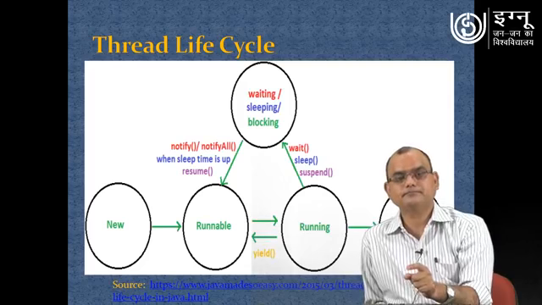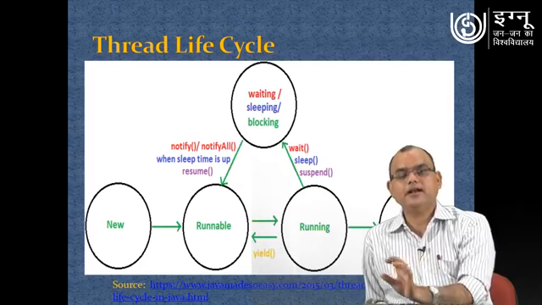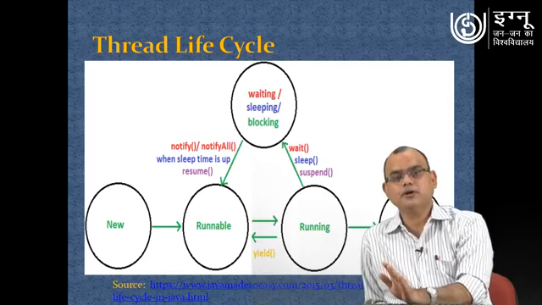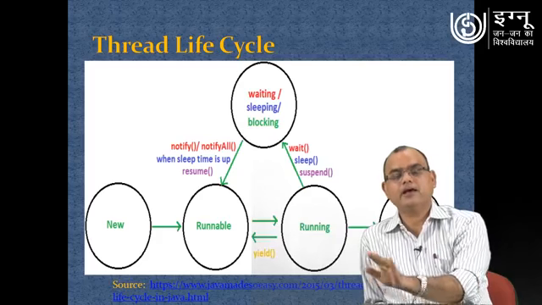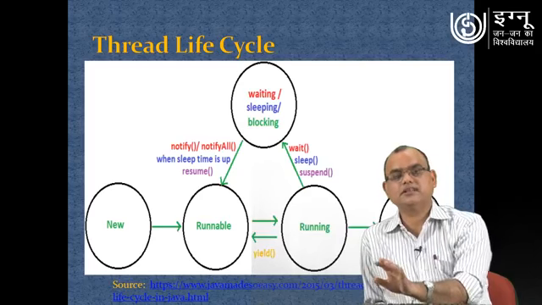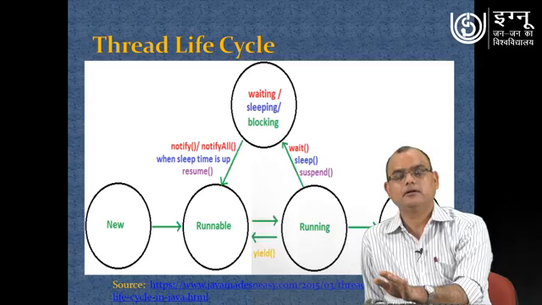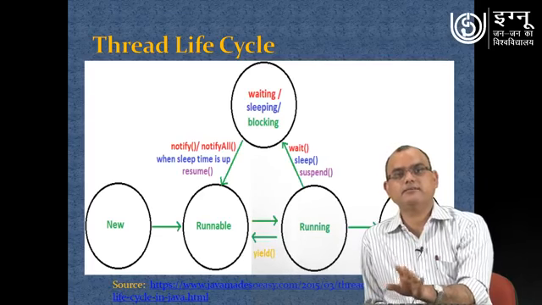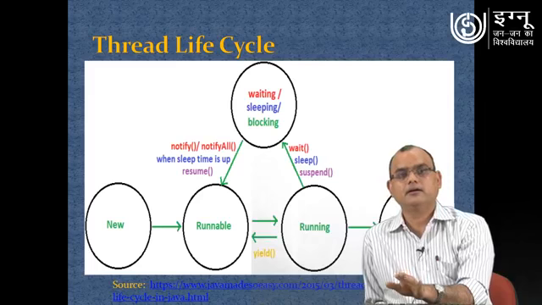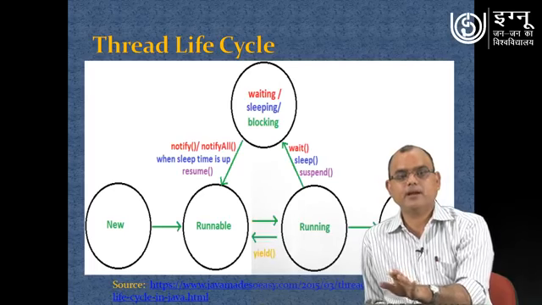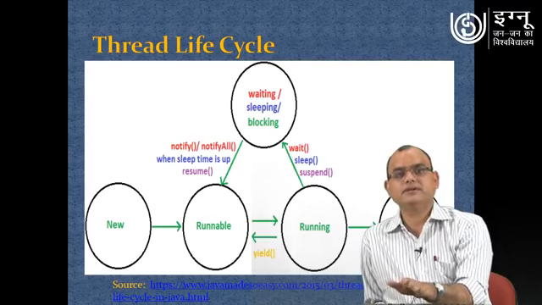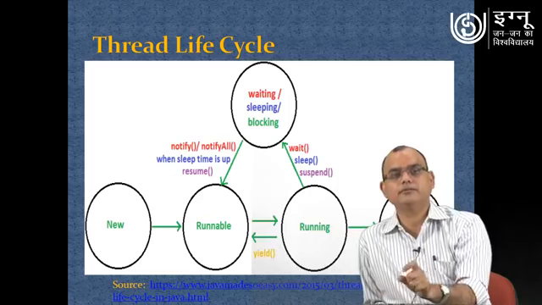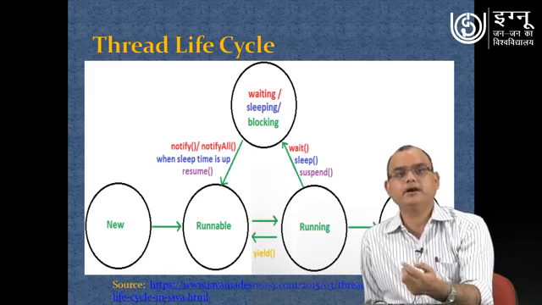And similarly, wait is a method that can be applied on a specific thread, and once it has been applied, that thread will be waiting until some notification comes that you have to come out of your wait and be ready for execution.